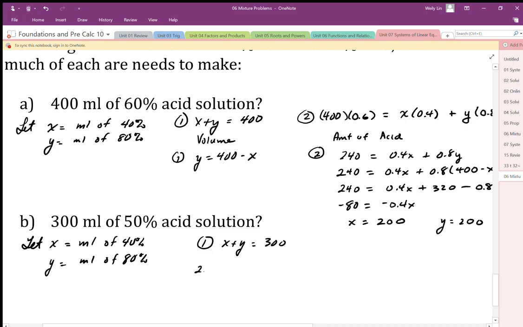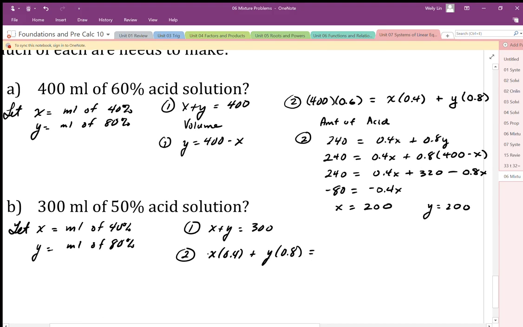Our second equation is going to be X times 0.4 plus Y times 0.8. And this time it's not going to be equal to the 60%, so it's going to be 300 milliliters times the 50% or 0.5.